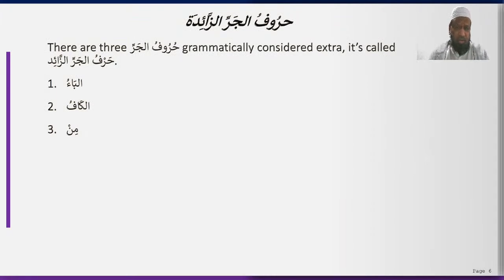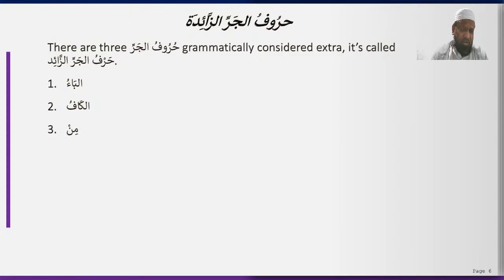حروف الجر الزائدة. We've learned there are three حروف الجر grammatically considered extra. It is called حرف الجر الزائد. Number one is الباء, number two الكاف, number three من. So let's go through them. When does ba become or is considered extra?